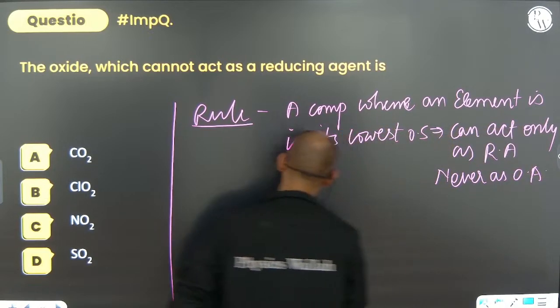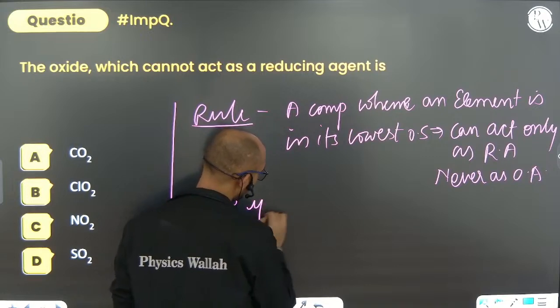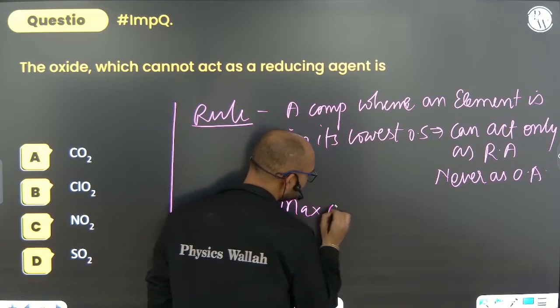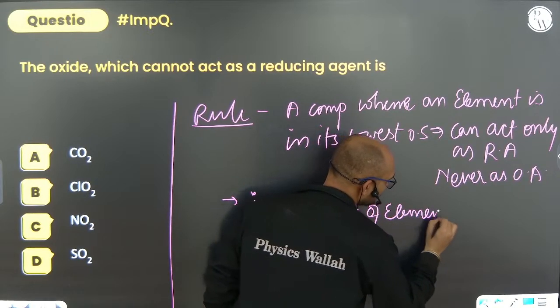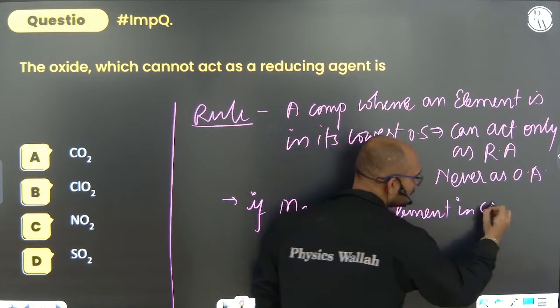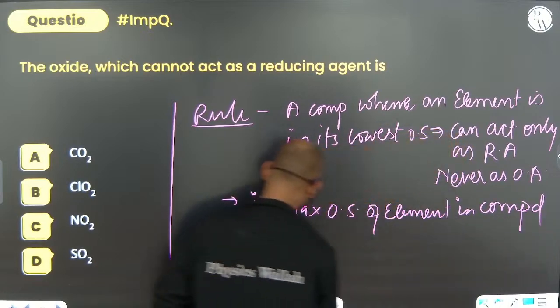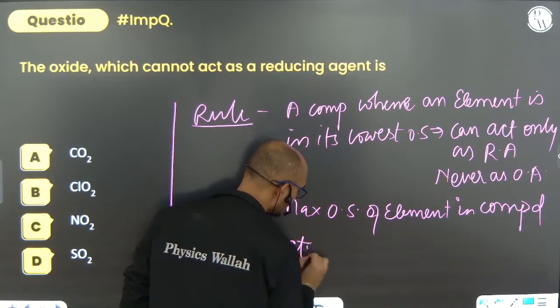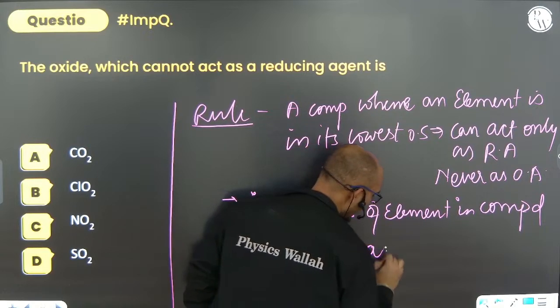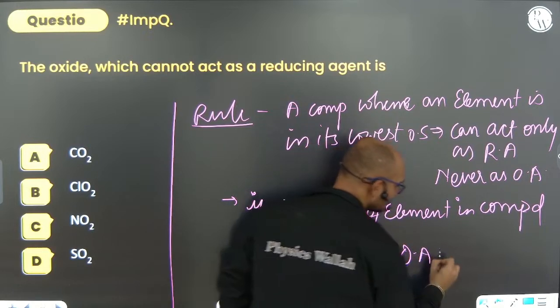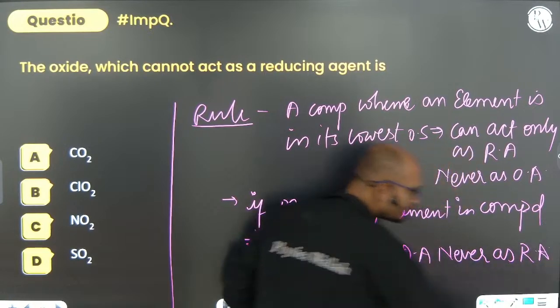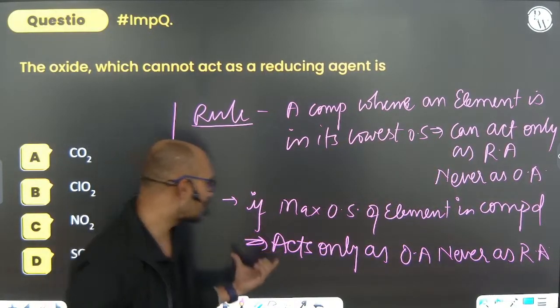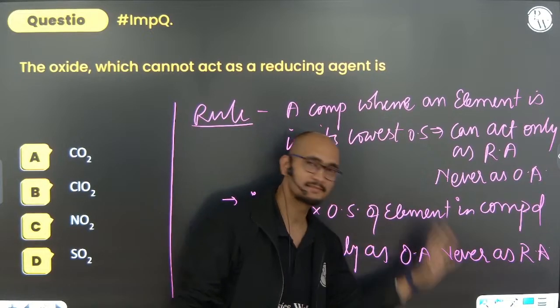Just think about it. If the maximum oxidation state of the element is in the compound, it acts only as an oxidizing agent, never as a reducing agent. Understanding it?